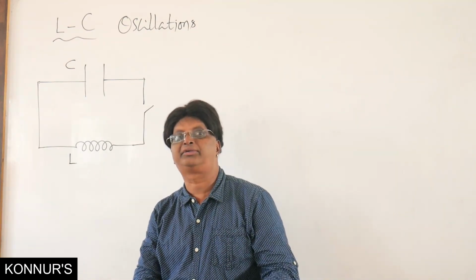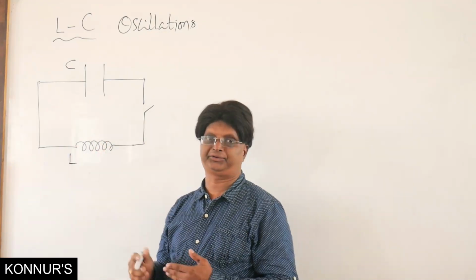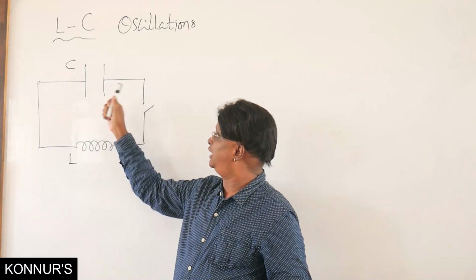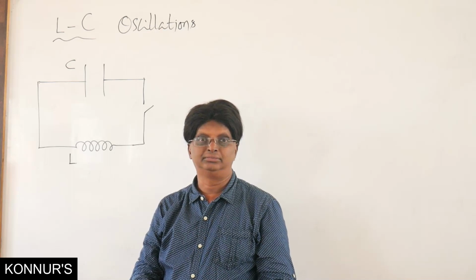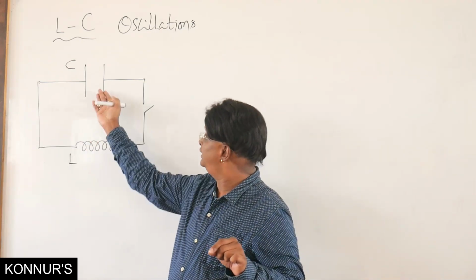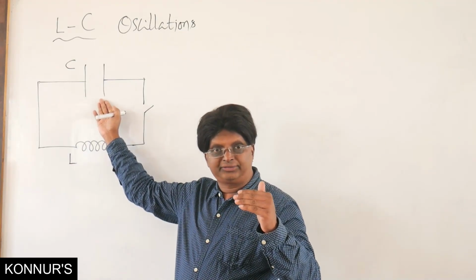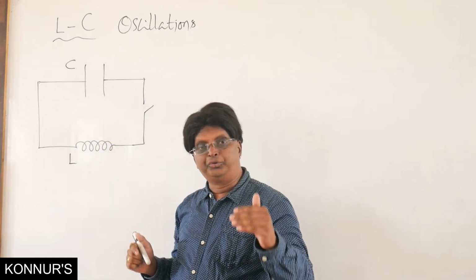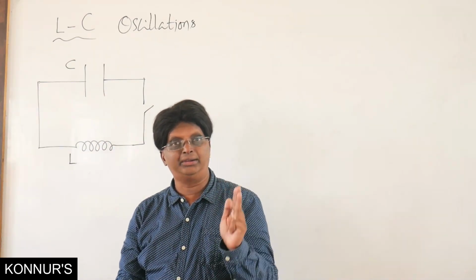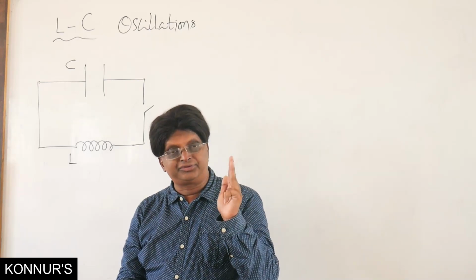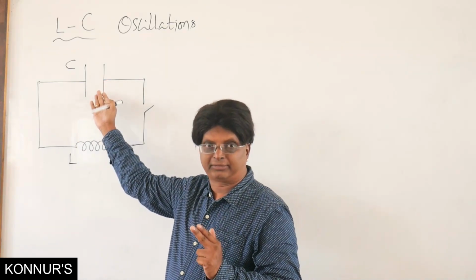See, when discharging is happening, what is happening inside the capacitor and what is happening at the inductor? When discharge is happening, the charge on the capacitor is decreasing gradually, and hence the energy stored will decrease, and the electric field will also decrease.